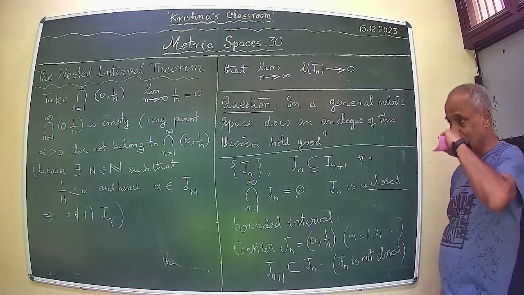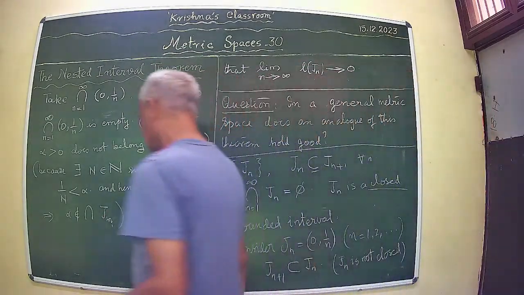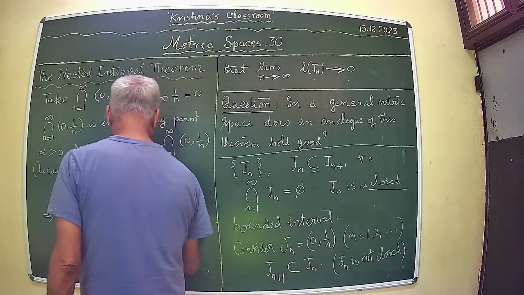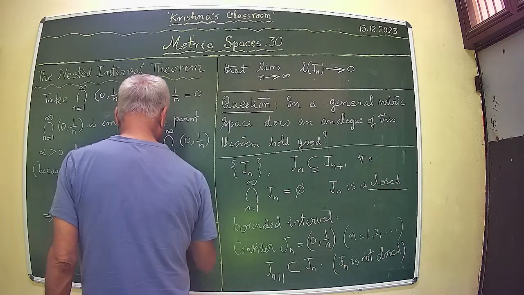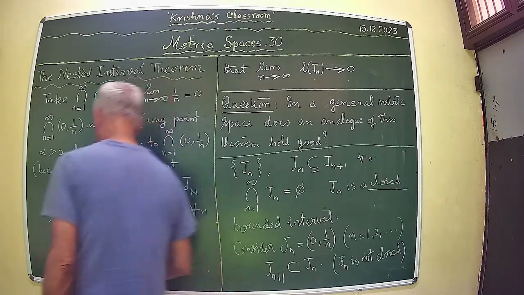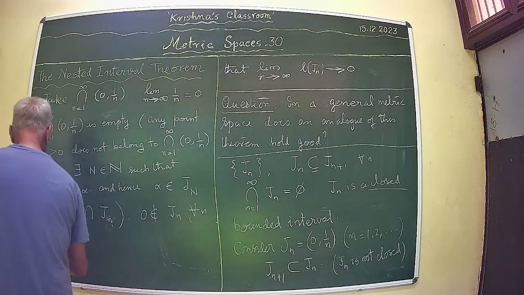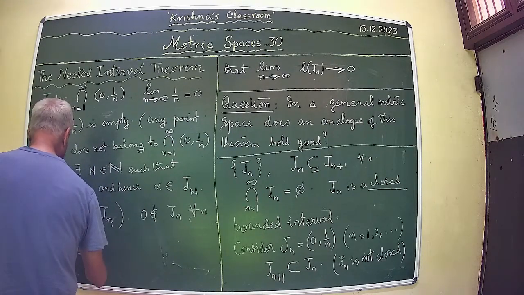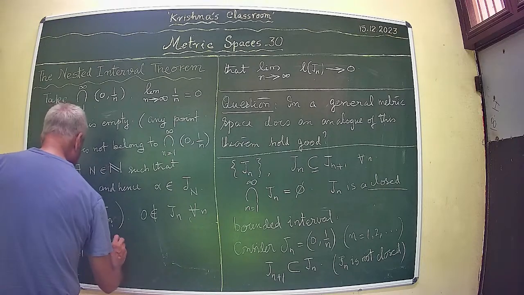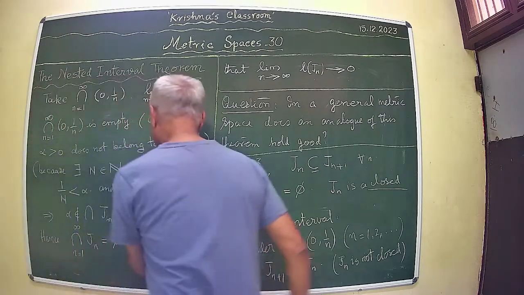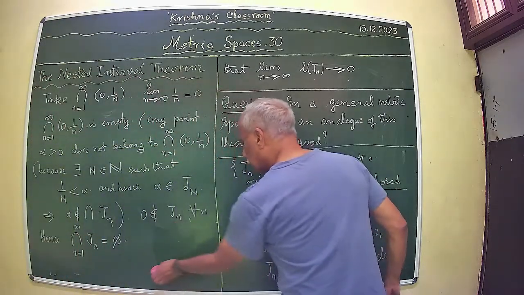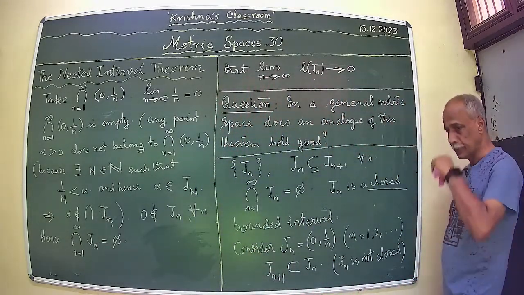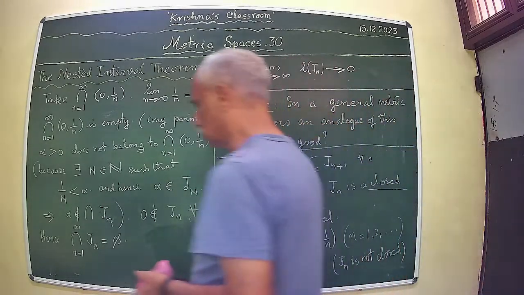Okay, but 0 is none of this. Therefore, the conclusion of the nested interval theorem does not hold in general if we drop the condition that this is closed.